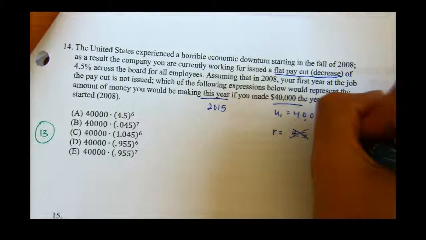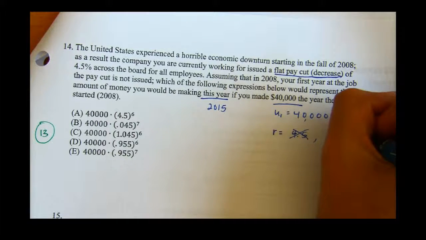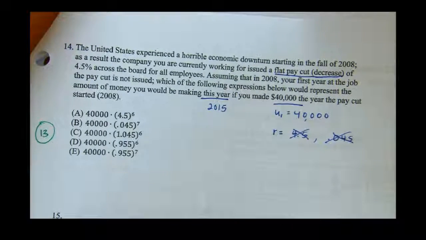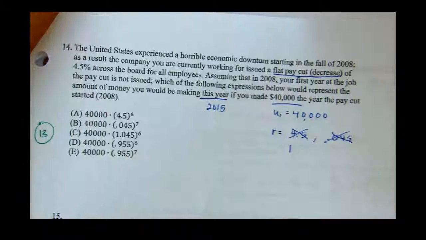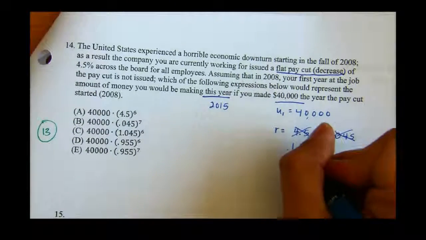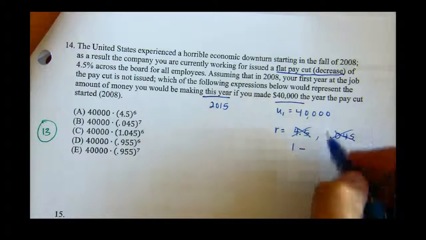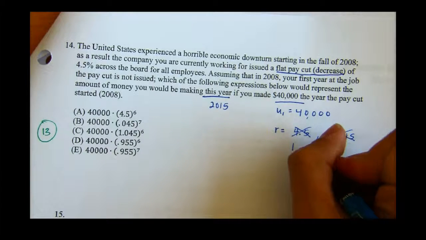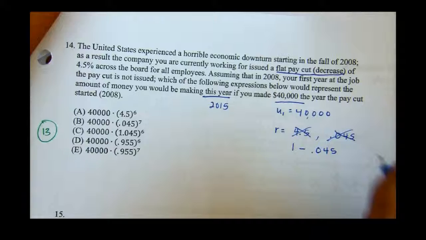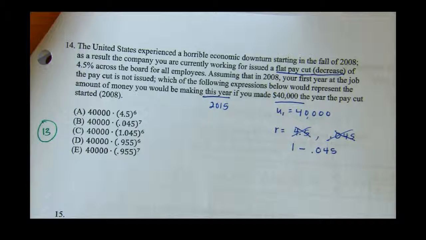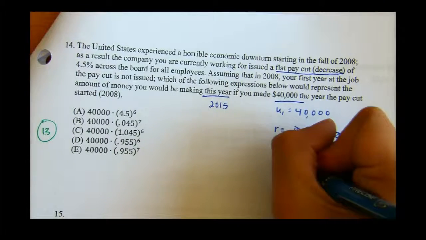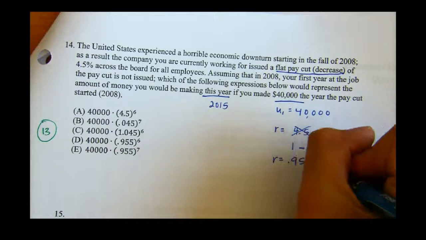It's also not just going to be 0.045. Instead, I'm taking 100% of my previous year's salary, and I'm subtracting my 4.5%. So I'm subtracting 0.045. When I do that to get my rate, 1 minus 0.045, I'll end up with a rate equaling 0.955.